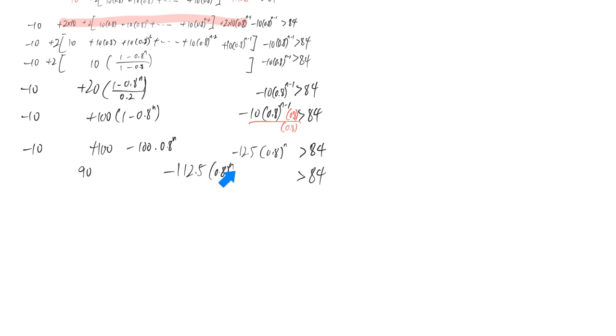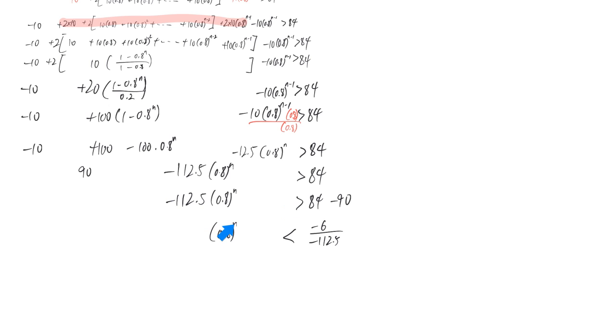We want to make n the subject, so the unwanted material we move, it becomes minus 90, and then divide by this factor, so we have 0.8 power of something. And when I divide both sides by a negative value, don't forget the inequality sign changes.